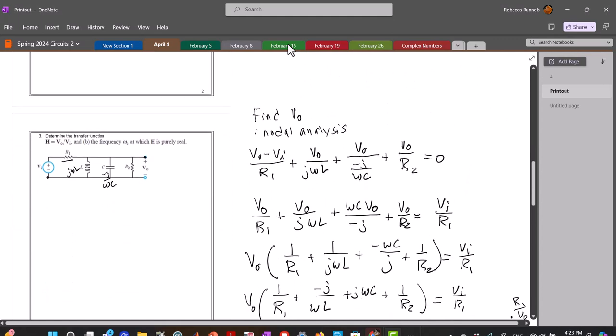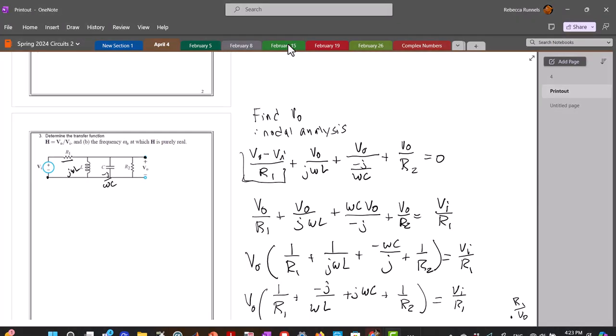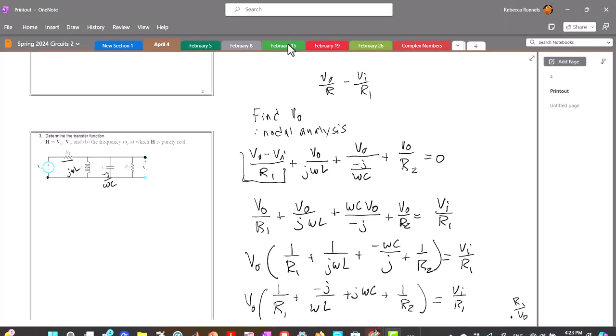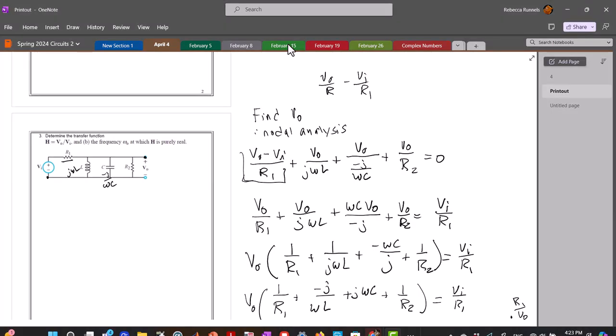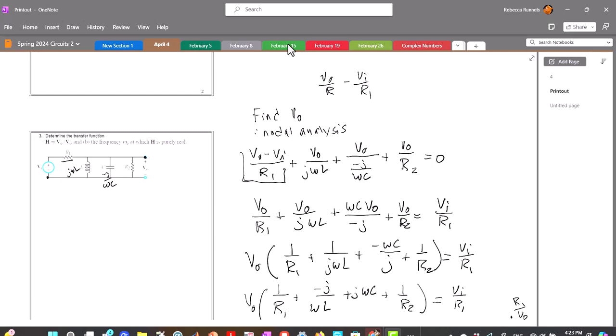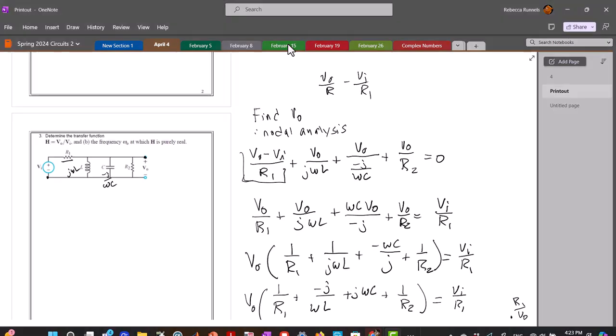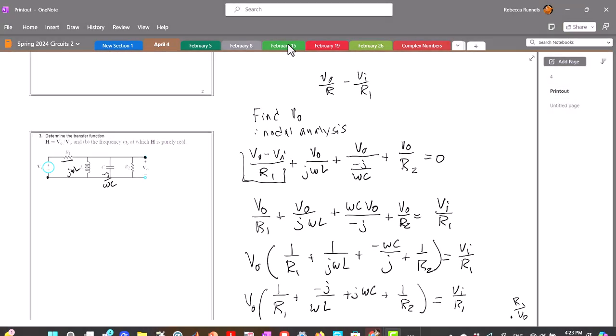Alright, so now split this one up into Vo over R1 minus Vi over R1, and add Vi over R1 to both sides, to bring Vi over R1 to this side. That leaves Vo over R1, Vo over j omega L, Vo over minus j over omega C, so bring the omega C up to the top: omega C Vo over minus j, plus Vo over R2.